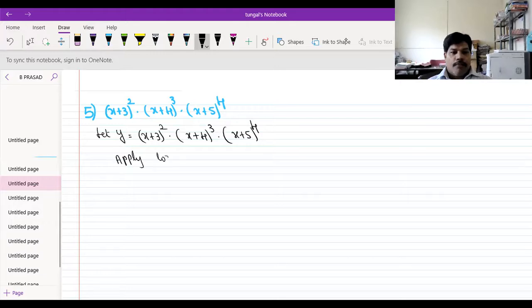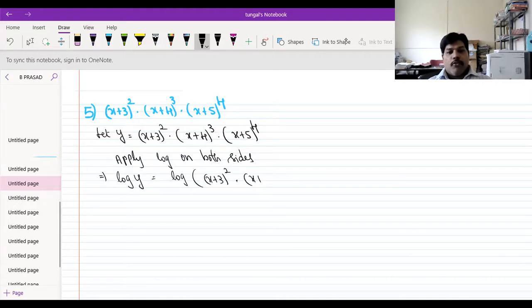Apply log on both the sides. What happens, students? Here it will become log y is equal to log of x plus 3 whole square into x plus 4 whole cube into x plus 5 whole power 4.